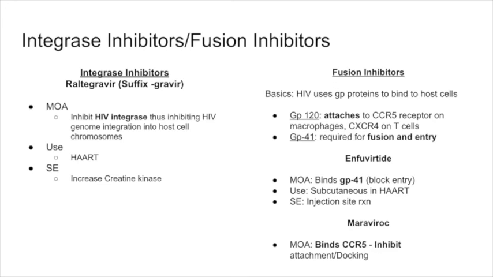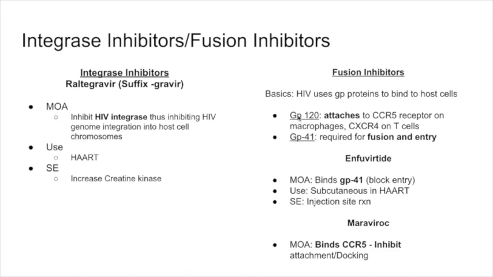The basics for fusion is we know that HIV needs to attach and fuse into the cell in order for it to start its life cycle. There are two different receptors that I would like to review. On the HIV itself, there are two different proteins, the GP120 and the GP41.